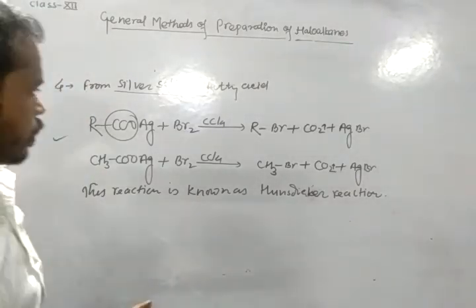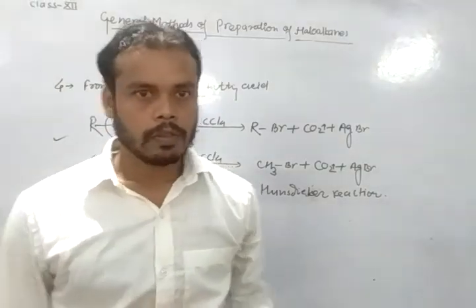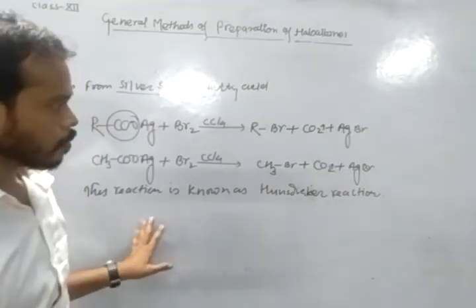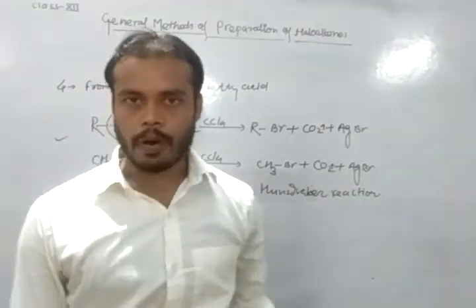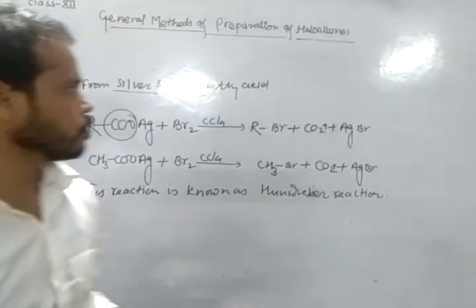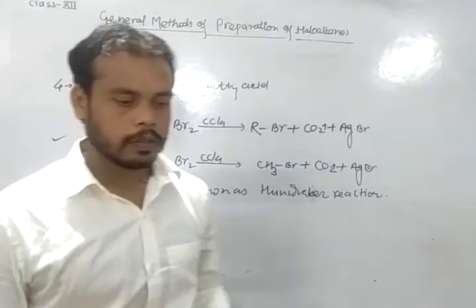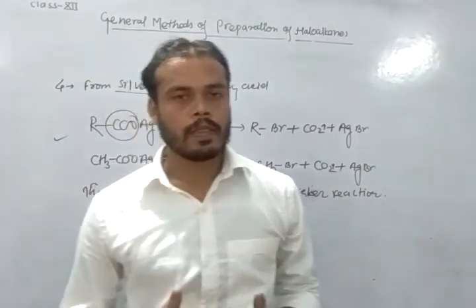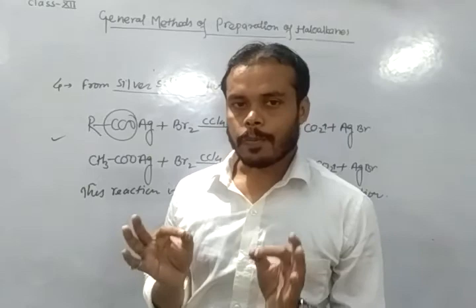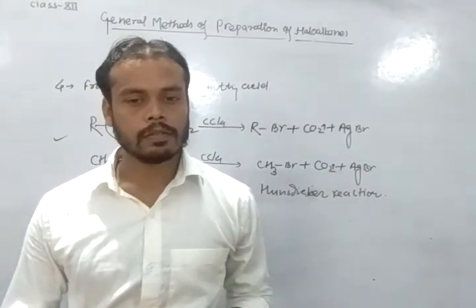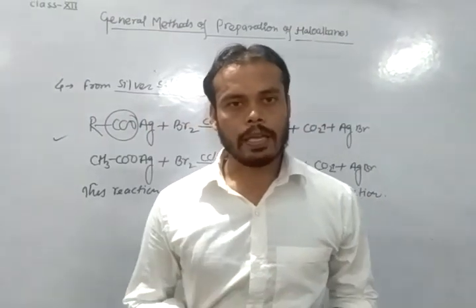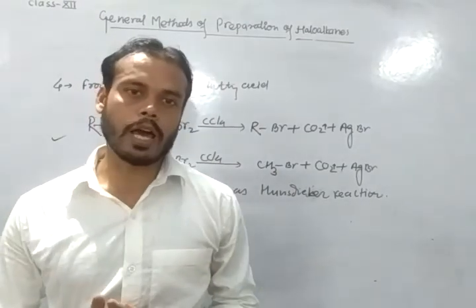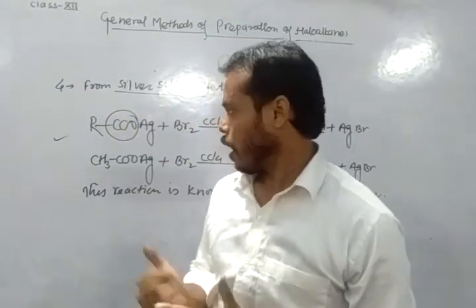Only two methods we have studied here: from alcohols and from silver salt of fatty acid. With alcohol you can treat phosphorus halide, PCl5 and thionyl chloride to form haloalkanes.